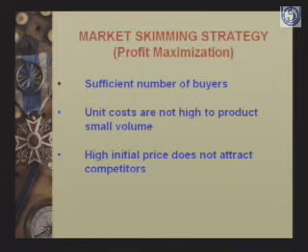Next, unit costs should not be too high to produce small volume. When we produce more, the cost of production comes down, economies of scale. Similarly, when you produce very little, the cost of production also should not be too high.